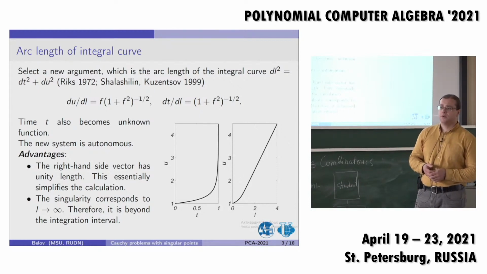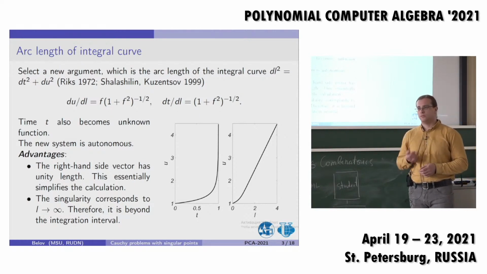Let us introduce a new unknown function which equals time, t, and write out the element of the arc length of the integral curve as shown on the slide. Then just perform a change of variables. The system becomes autonomous and its order increases by 1. So if we initially had a scalar ODE, now we have a system of 2 ODEs in t and u.